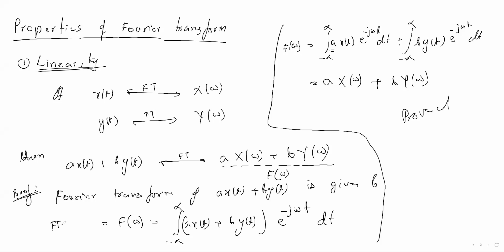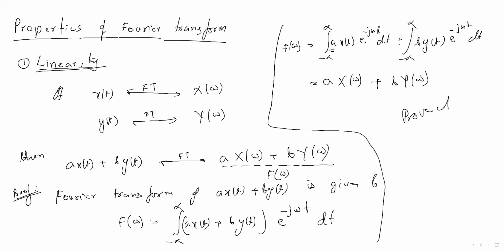So here I am not writing it as F of a x of t plus b y of t, because it will get you confused, since somebody asked about this question that day. They think of F as applying to all the parts. So I am not writing it like this, as it will make you confused.